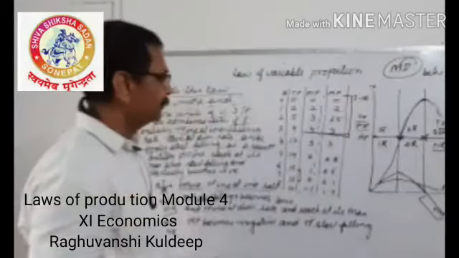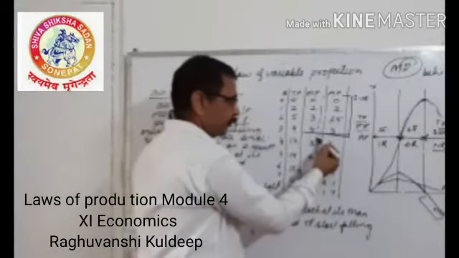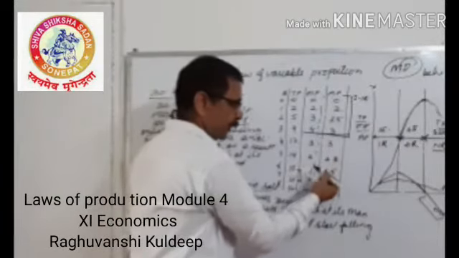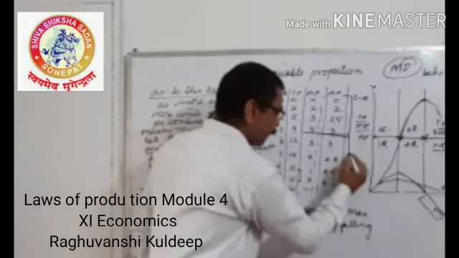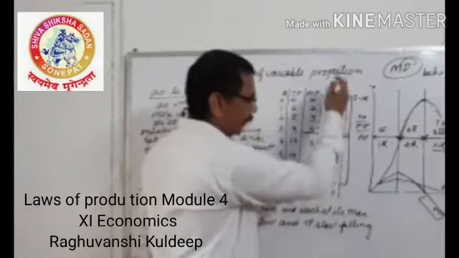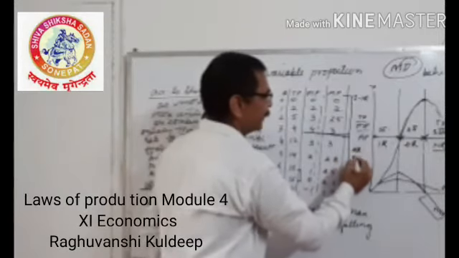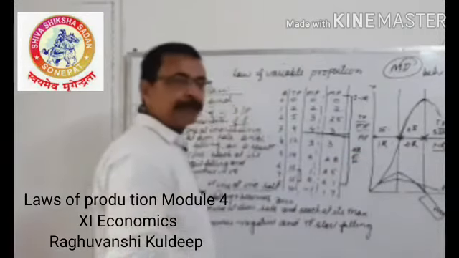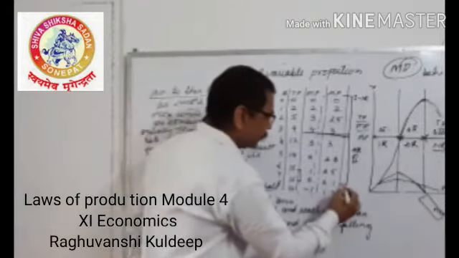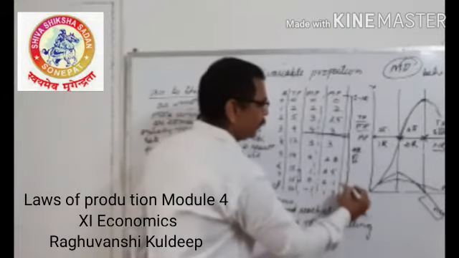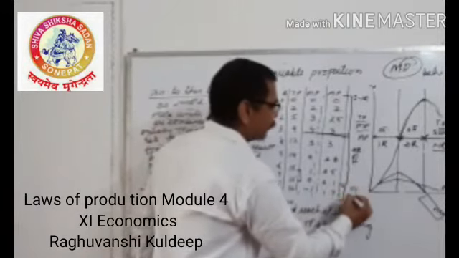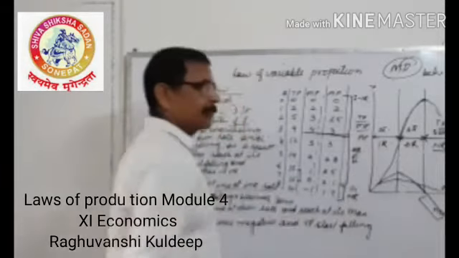After that, 4, 3, 2, 1, 0: up to 0, MP is falling but positive, diminishing return, that is your second stage. And beyond this, MP is negative. That is the third stage, known as negative returns.